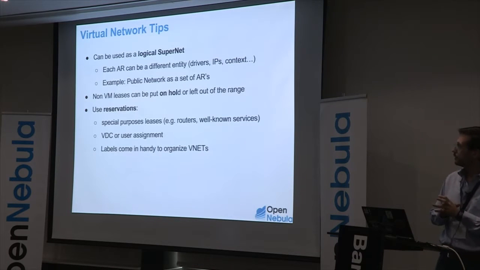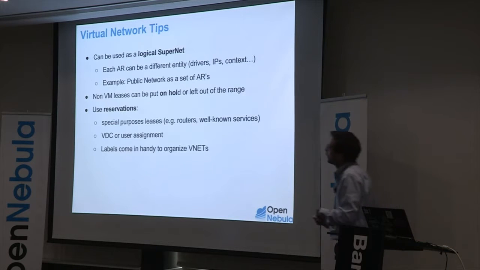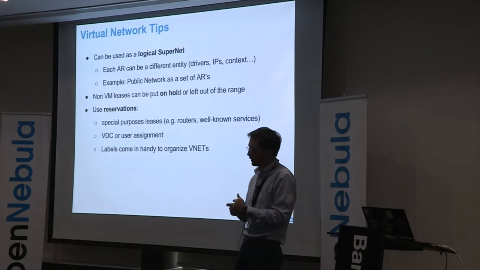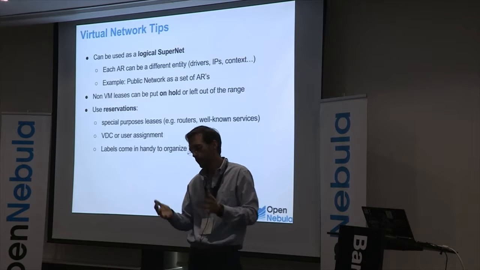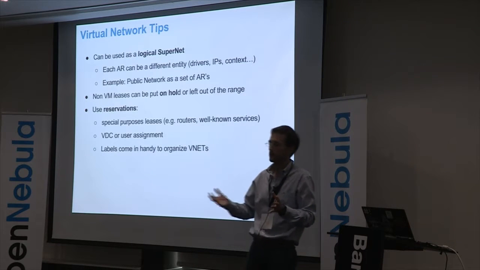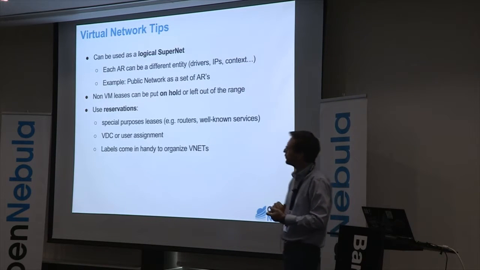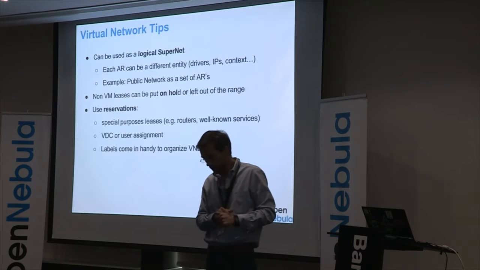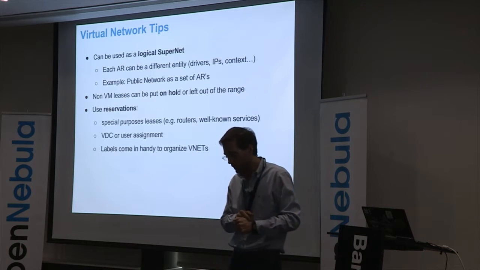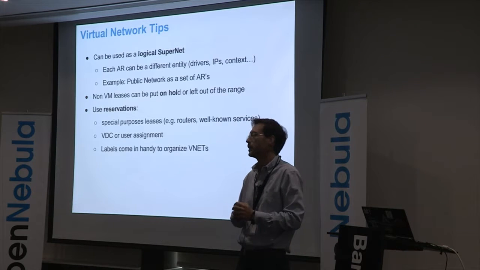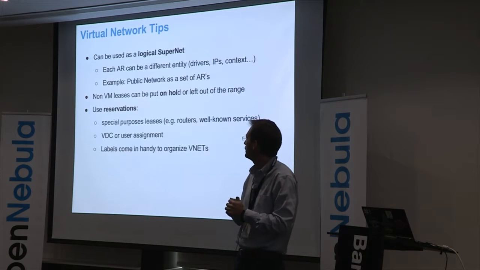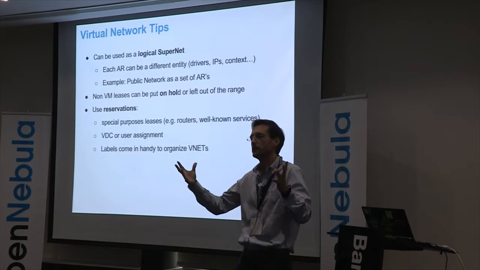So, some tips when you define your networks. The first thing is that a network can be a set of different address ranges, right? So you can define your network as a logical supernet. For example, you have the notion of a public network in my data center.